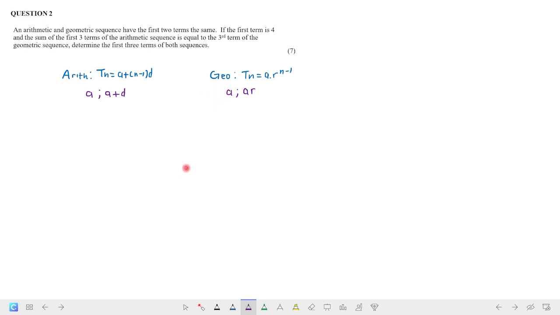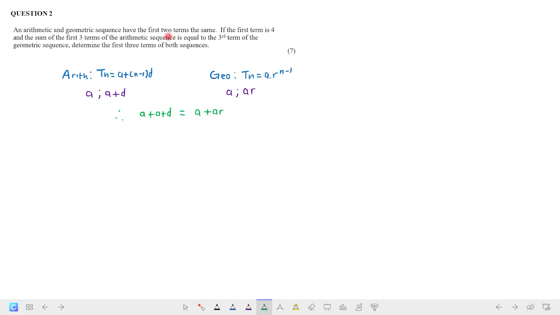Now they're saying that these terms are the same. So if they are the same, that means if I add this term and that term, the answer I'm going to get is going to be the same. So this then means a plus d is going to be the same as a plus ar. Now do you see, this is basically everything that you've got, only from the first sentence. You haven't gone to the second one.